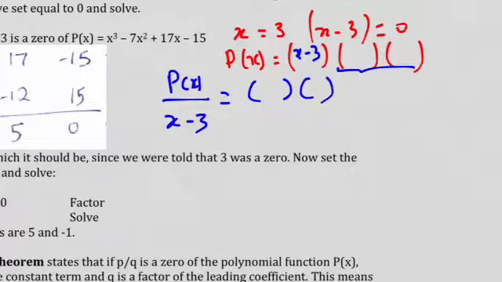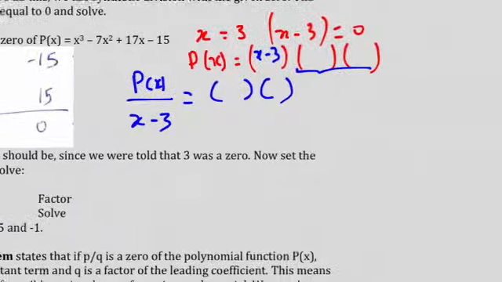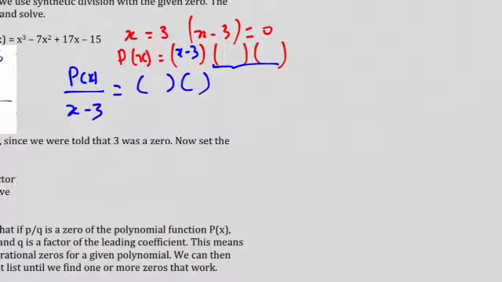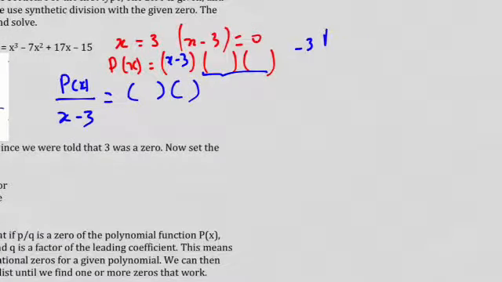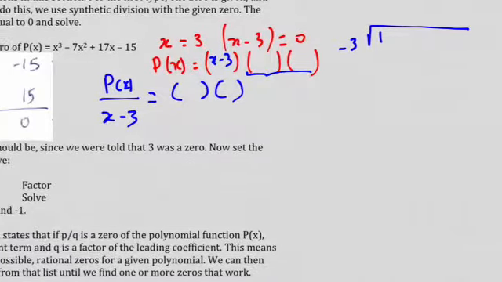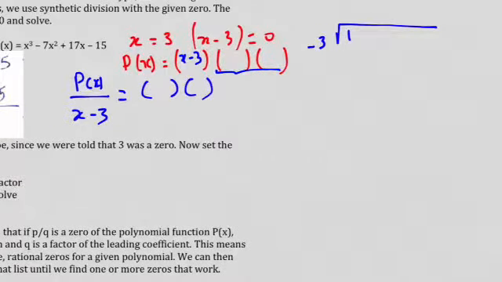So first, I want to divide, and I'm going to take negative 3, and then I will have 1, negative 7, 17, and negative 15.